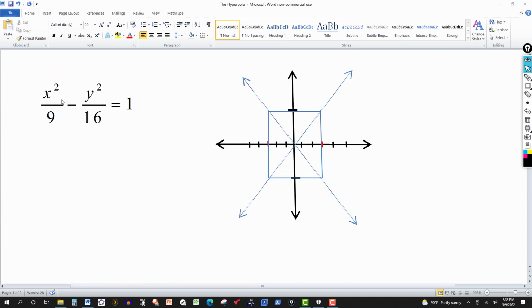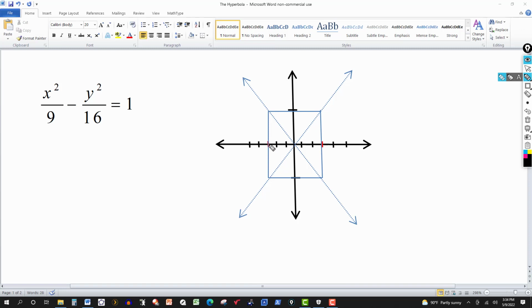And this is your equation again. x squared over 9 minus y squared over 16 is equal to 1. So I've kind of set this one up. The origin is right here. And since a is equal to 3, we go 3 units to the right. So the red mark there is one vertex, and then 3 units to the left, there's the other vertex.